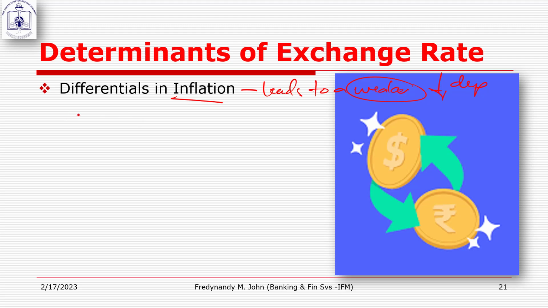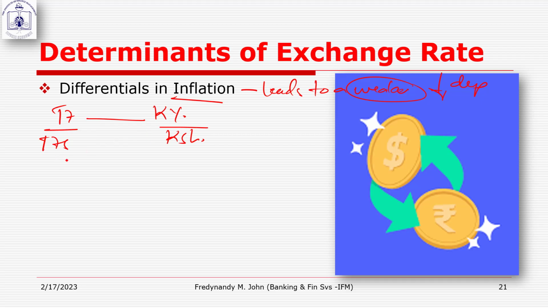Let me give you a practical example. We have two countries, right? The first country is Tanzania, and the second country is Kenya. Now, we all know that Tanzania uses Tanzanian shillings, whereas Kenyans use Kenyan shillings. These are the domestic currencies for both countries.